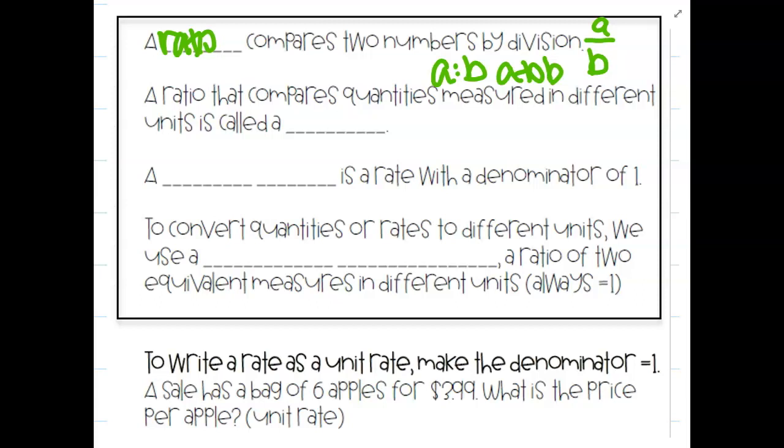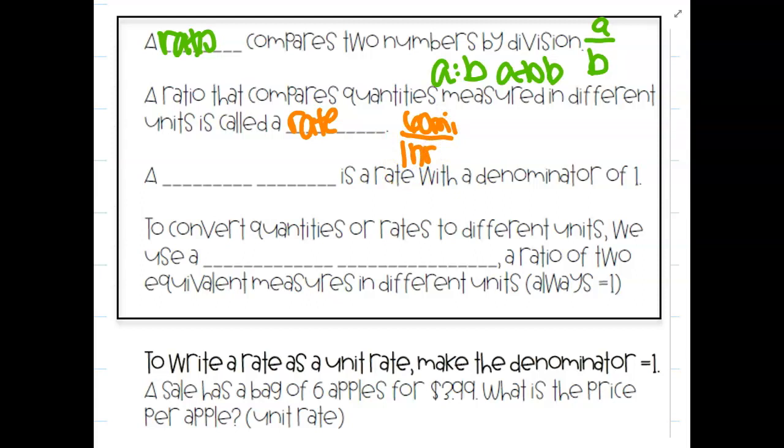Now, if we talk specifically about a ratio that compares quantities measured in different units, that's what we call a rate. For example, two quantities in different units might be like 60 miles per 1 hour.